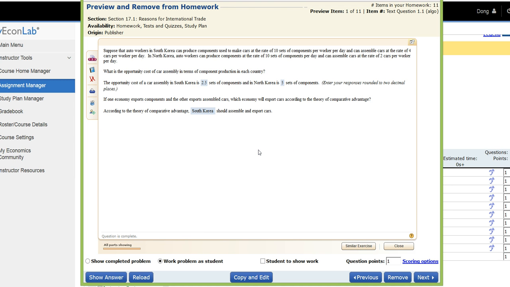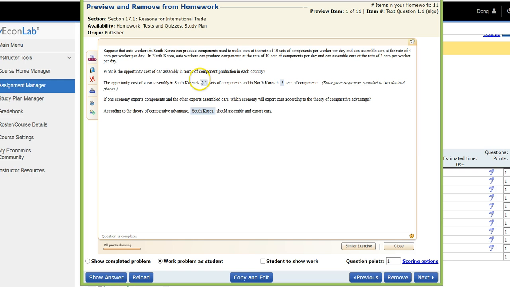Even though in this case, based on these numbers, South Korea workers should assemble and export cars, sometimes if the numbers change, then the answer might also change. So what matters is this opportunity cost.